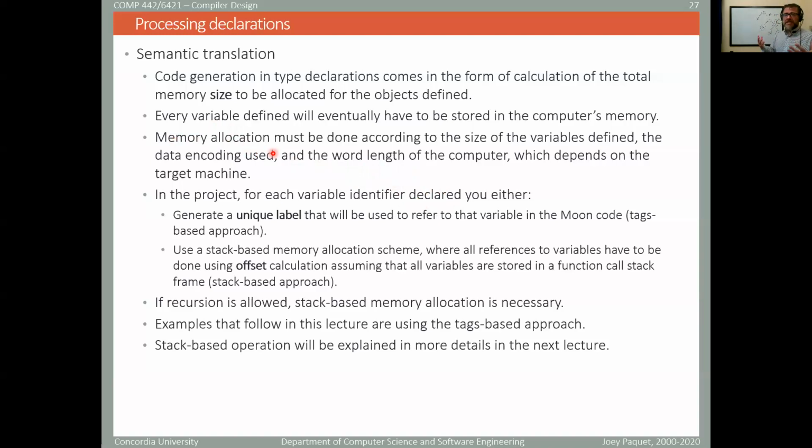The first step is to figure out for each of the identifiers that I define, what size of memory do I need to reserve in order to store a value for a variable, or if I'm calling a function, how much memory do I need to actually execute this function, which is, of course, the total size of all the variables that are defined in this scope.